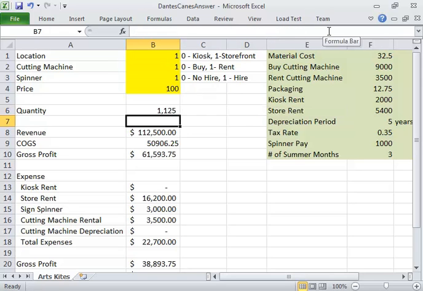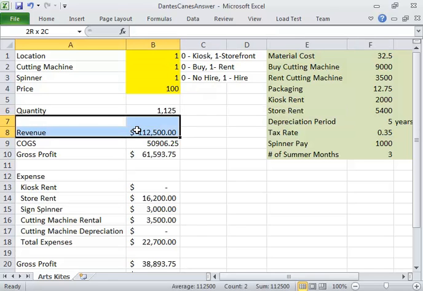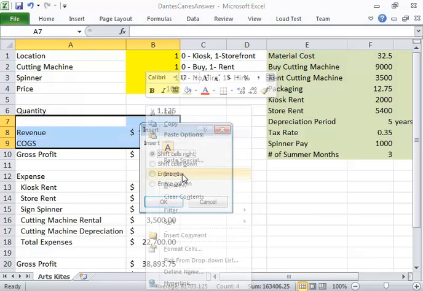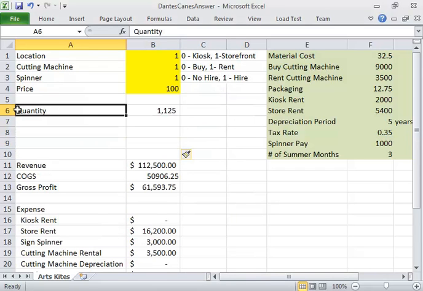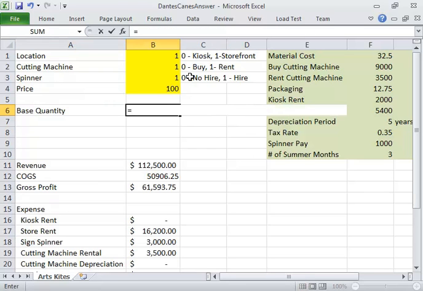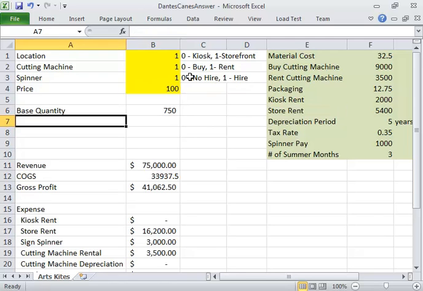Now, the other way to do it would be, let's increase this by a couple of rows and say, so this quantity is the base quantity. And this quantity is only based on the equation 75,000 divided by price. And then we're going to have another quantity called increase.